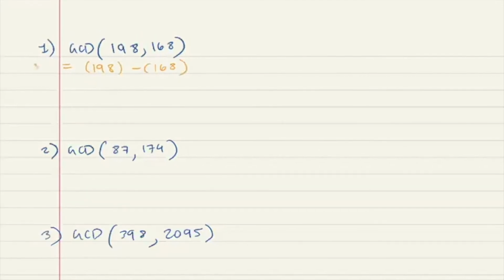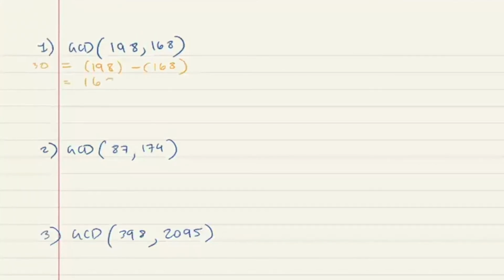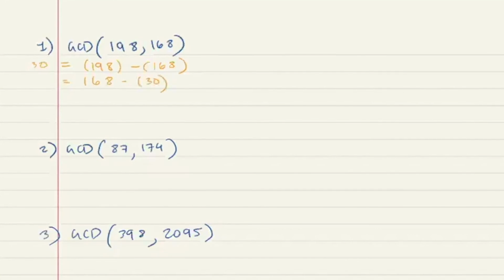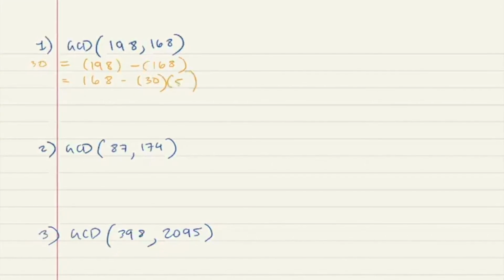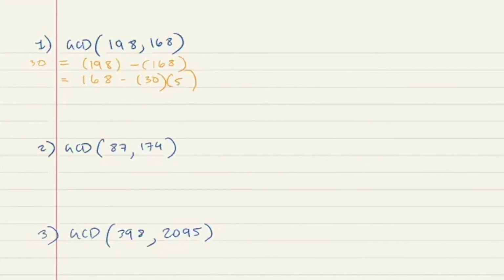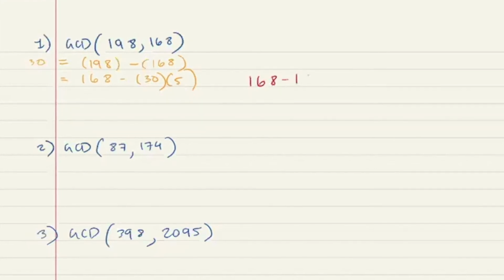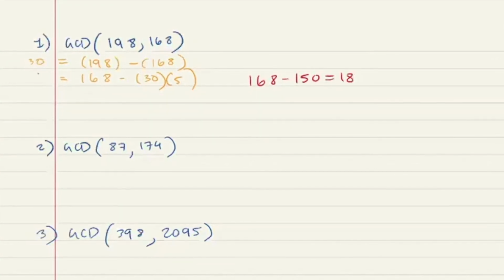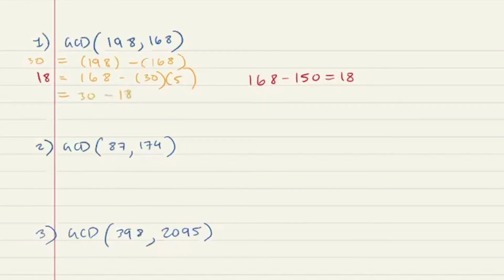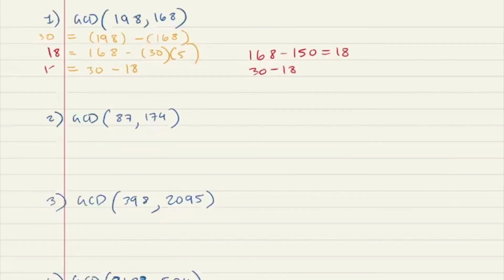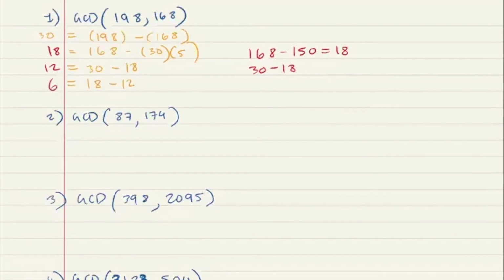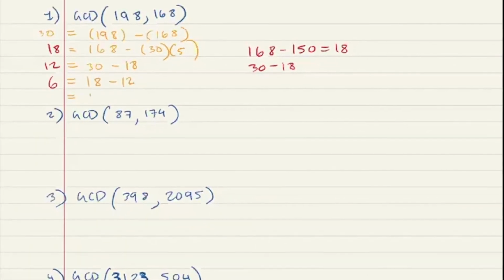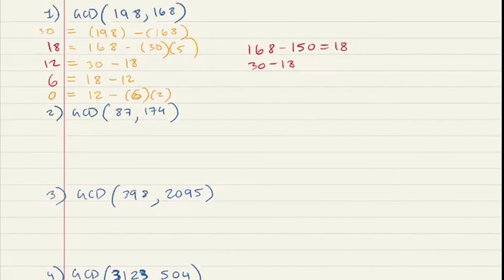We take the larger number now, 168, and subtract the largest multiple of 30 less than or equal to 168, which is 30 times 5, or 150. 168 minus 150 is 18, so our new pair is 30 and 18. If you know the GCD of 30 and 18, you can actually stop here. We can easily figure out that it's 6, but you can also obtain this by doing more steps of the Euclidean algorithm, as shown here.